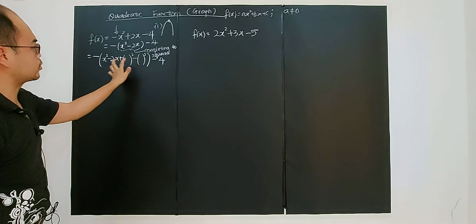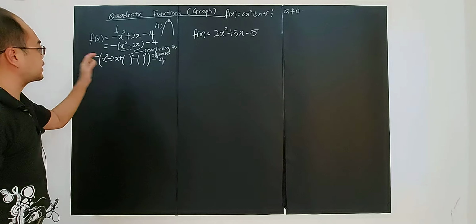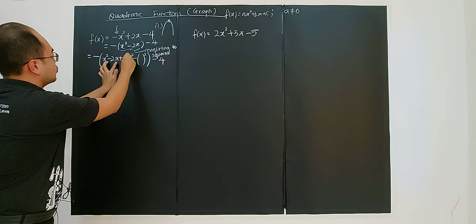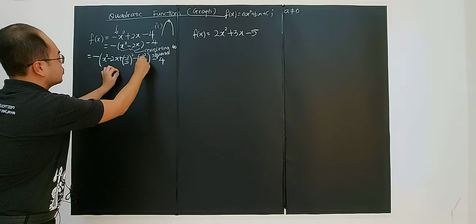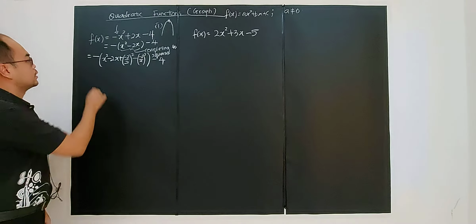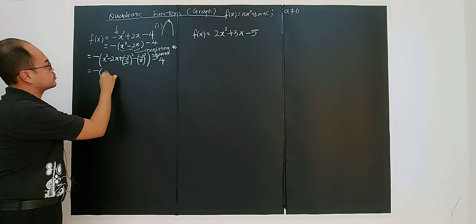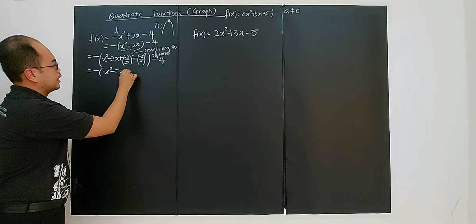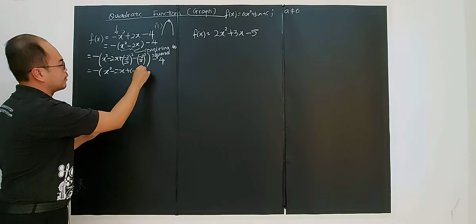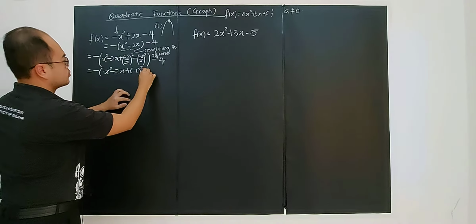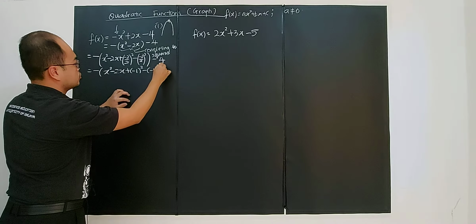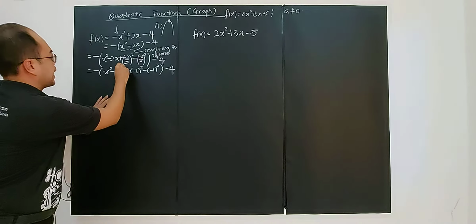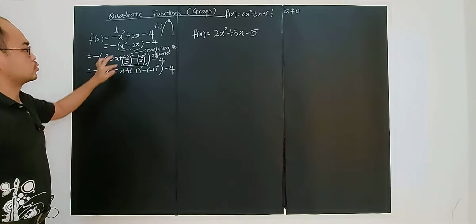To do completing the square, I take the b term, negative 2, divided by 2. Then I have negative x to the power of 2 minus 2x plus negative 1 to the power of 2, minus negative 1 to the power of 2. This is the basic way of doing completing the square by adding these two, right?